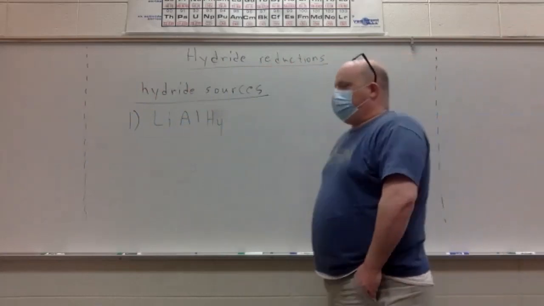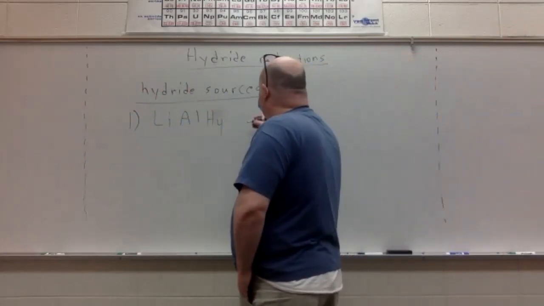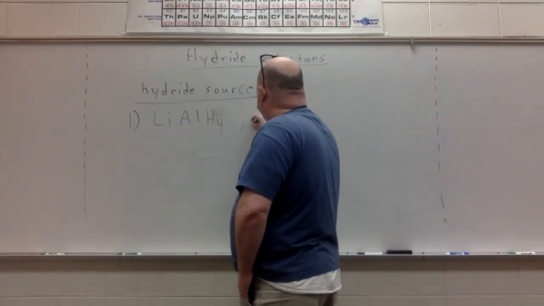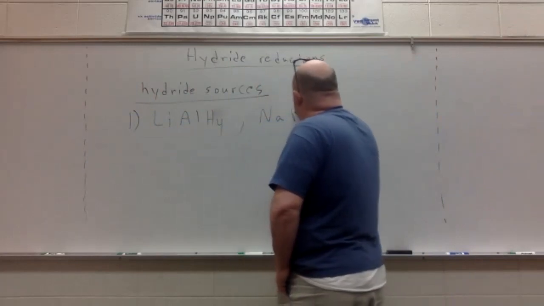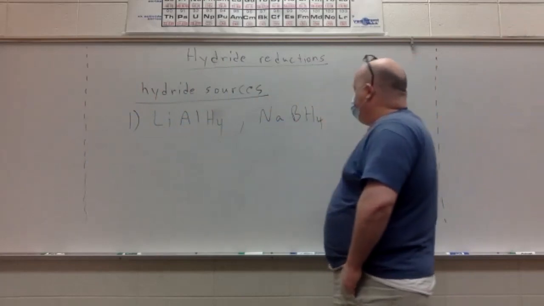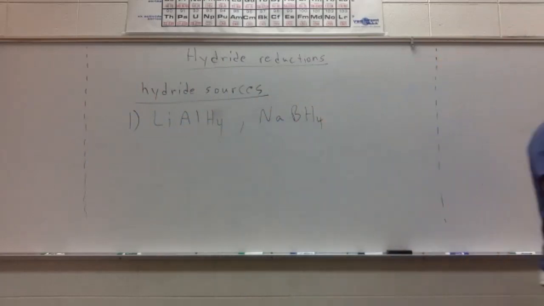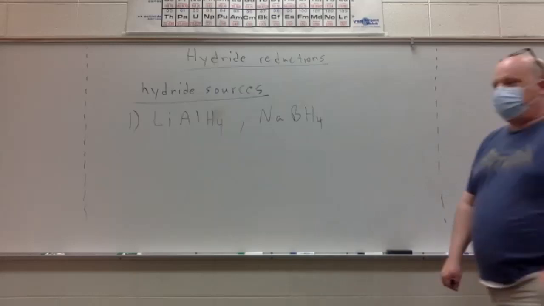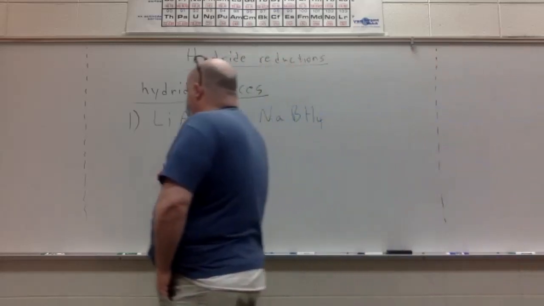We've seen this before in a previous chapter. And also NaBH4, called sodium borohydride. They're both very similar and do a lot of the same things, although the lithium compound is a little bit more versatile. You can do a little bit more with lithium than with sodium, but they both basically serve the same function.